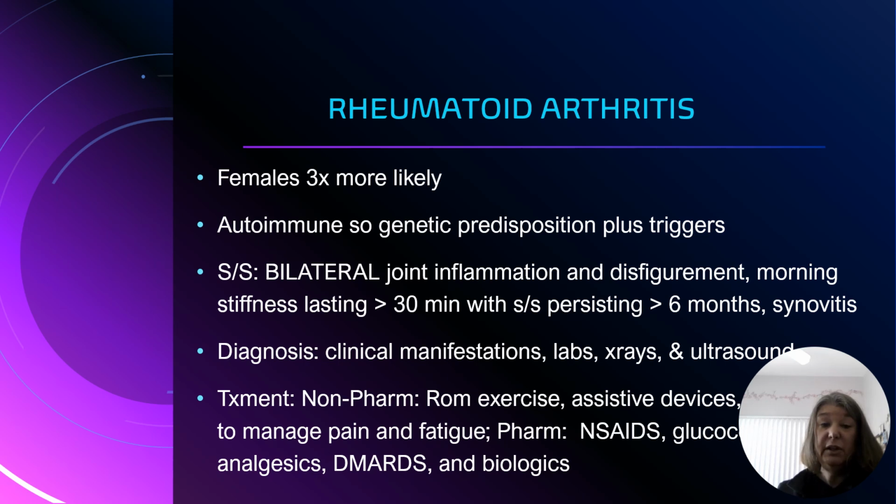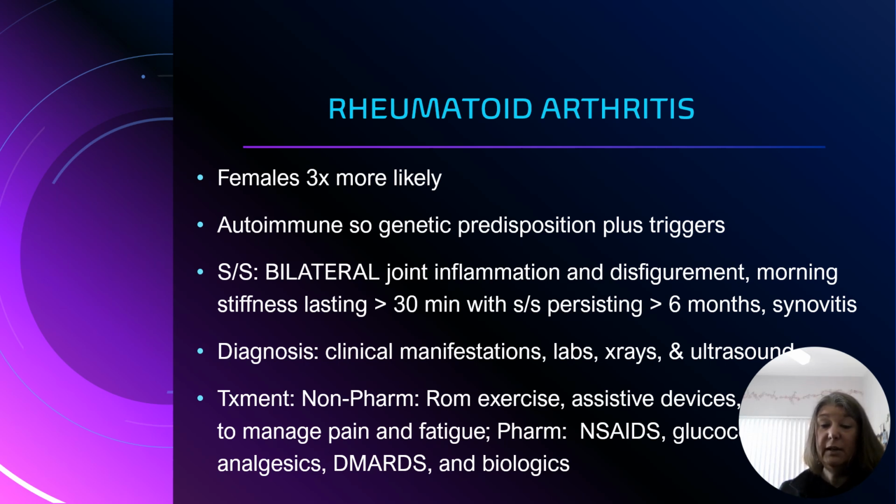Some patients initially diagnosed with RA may experience long-term remission within 1 year of onset. So it could go away. You may have RA signs and symptoms, and then you go into a remission period and you don't have it anymore. If you don't enter a remission period, about 60% of that patient population will be disabled within 10 years.